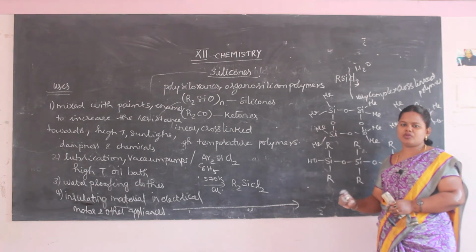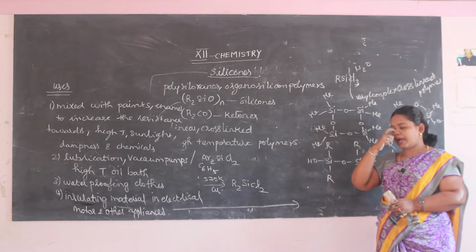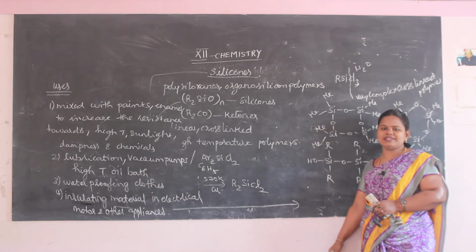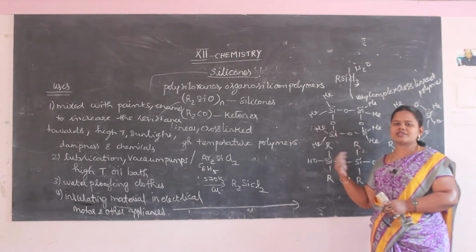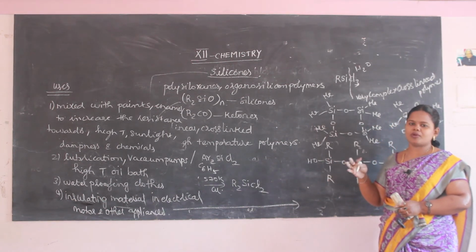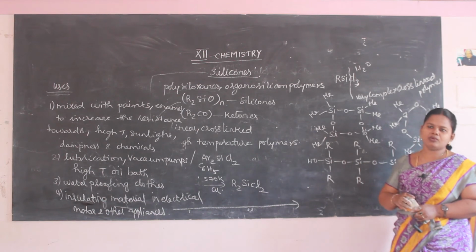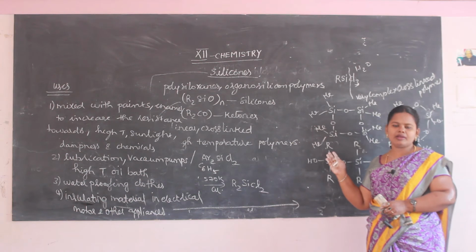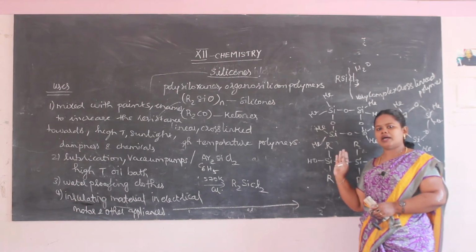When we hydrolyze it, we get these polymers. By the hydrolysis of monoalkyl chlorosilanes, we get the cross linked polymer, and we also get linear polymer. And there are different types of polymers. What are they? They are linear silicone, and what is below that?